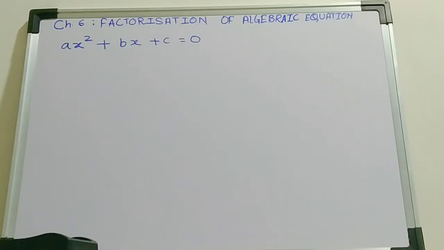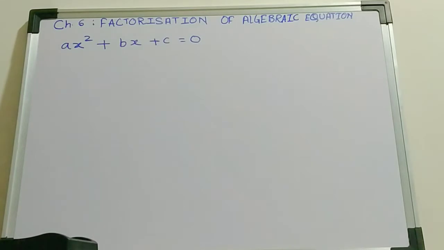Hello friends, today we are going to start maths lesson number 6, that is the factorization of algebraic equation. For this we have to consider a quadratic equation which is given by ax square plus bx plus c equals to 0.